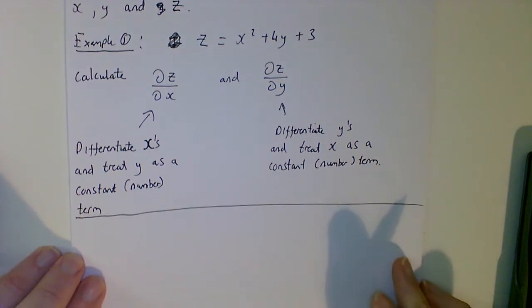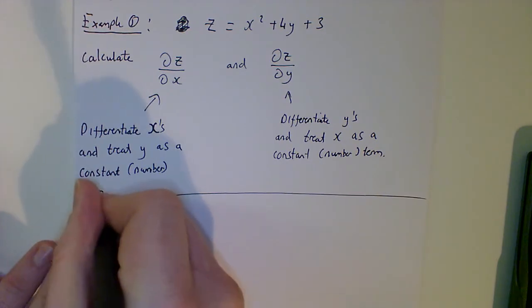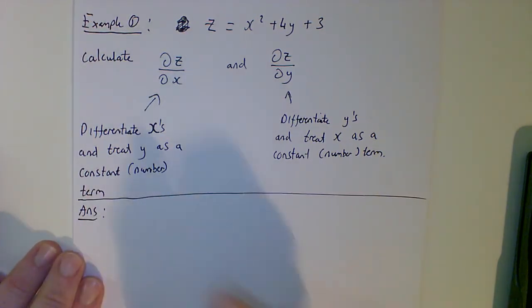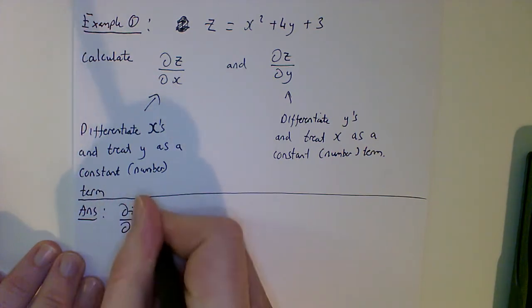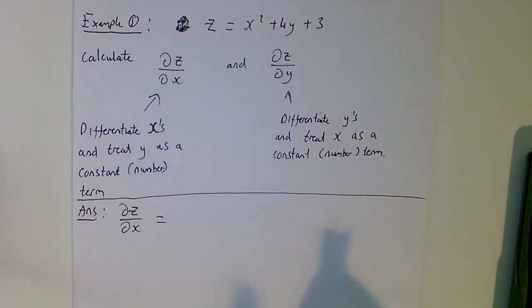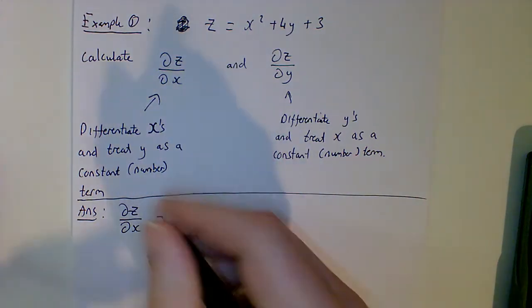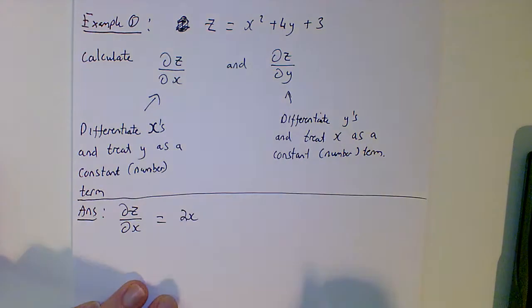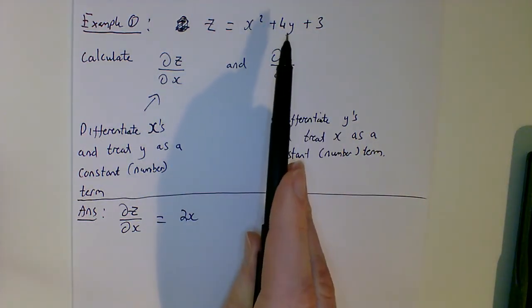So let's look at an answer. So dz, partial dz by dx. Right, so if I differentiate x squared, that just gives me 2x. Now, remember, y is just a number, right?